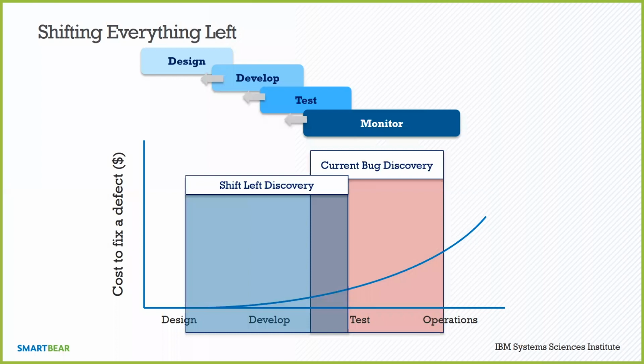Right. And I think the reason why we can shift not only bug discovery left, so to speak, but also the rest of the steps, is because this is implemented in a very agile type of format. You can see that there's some overlap between the 2 discovery boxes, between develop and test.